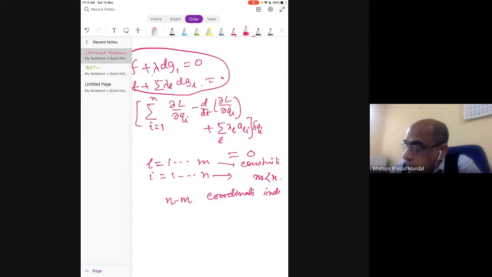Or alternatively, you can think that you have now introduced m lambdas, lambda_1 to lambda_m. Then we can think that the q's are independent, and we can put this condition as in the case of Lagrange multipliers. Okay, and then we can get the equation of motion.